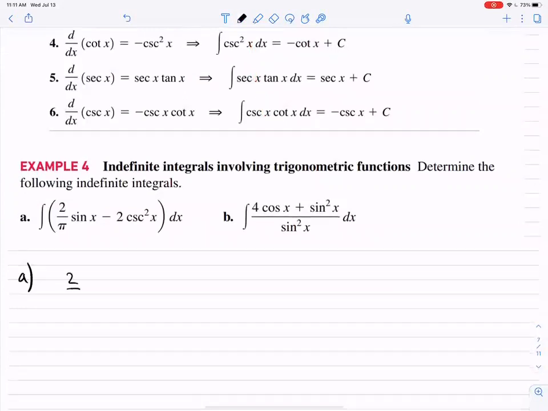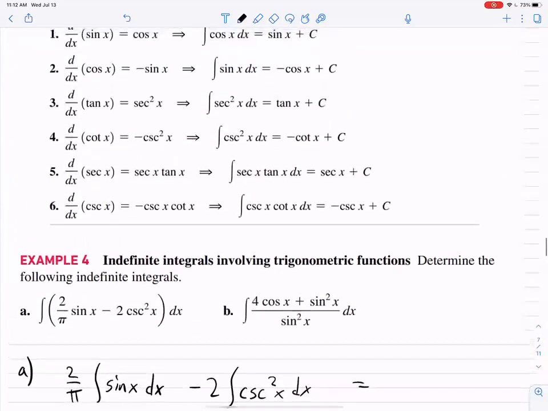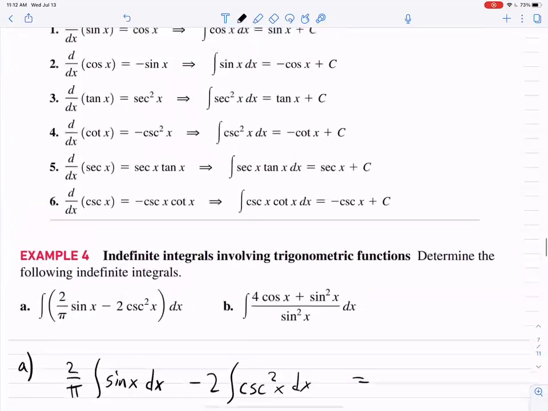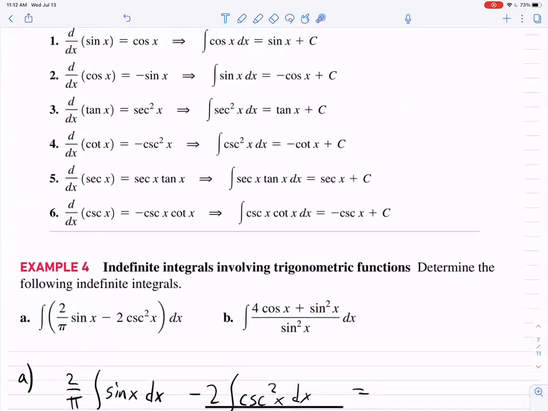So pulling out the constants, this is 2 pi times the integral of sine of x dx minus 2 times the integral of cosecant squared x dx. But looking at the table, the antiderivative of sine of x is negative cosine, and the antiderivative of cosecant squared is negative cotangent.